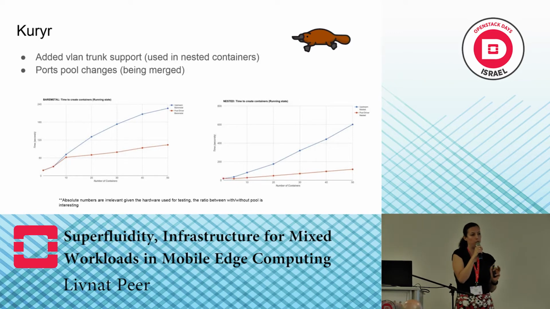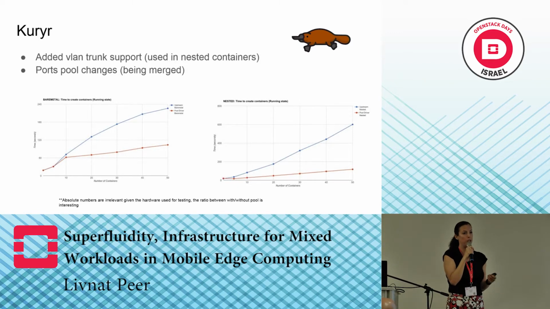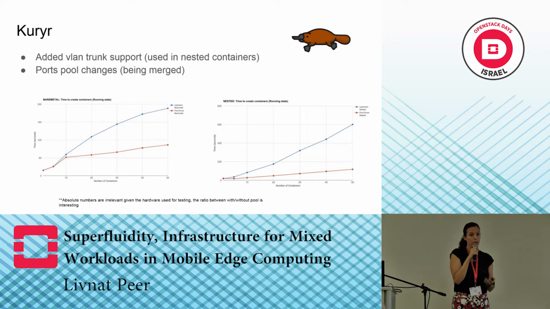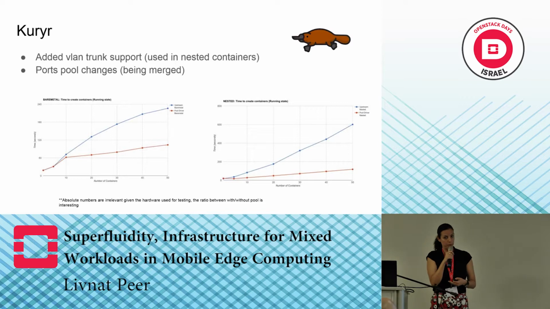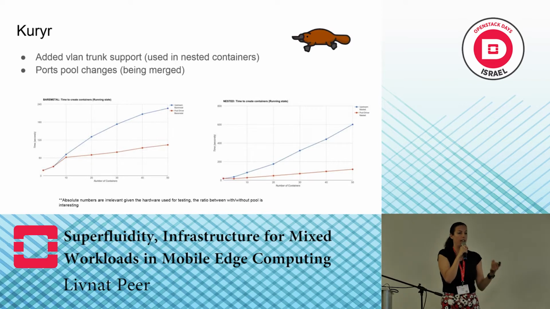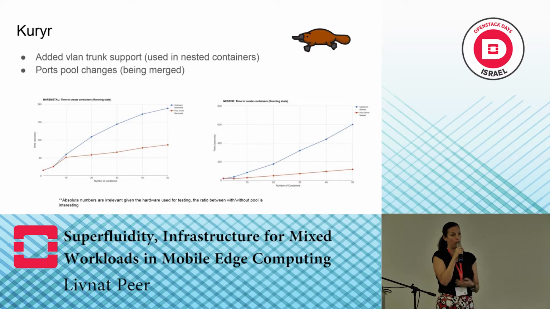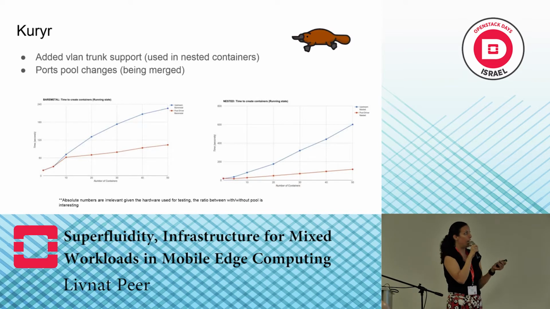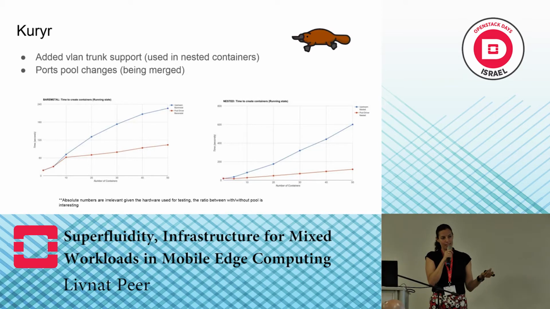And there are two ways to deploy. One of them is side-by-side deployment, so some of the servers are used for containers, others for virtual machines. Another way, which is more common today in the mobile world, but also outside of it, is to run containers on top of virtual machines. So you start virtual machines, and on top of that, you start containers. And the reason for that is security.